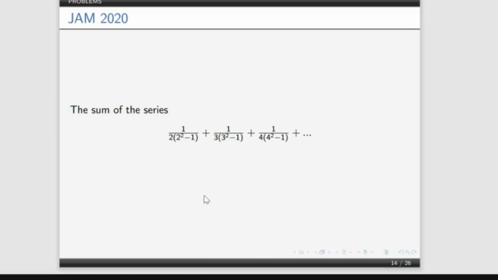One of you has given the answer as 1 by 4. If you are finding it time consuming to compute the entire thing, just share the idea. What can be used to find the sum in this case? Partial fraction. Okay. Any other idea that anyone wants to give?